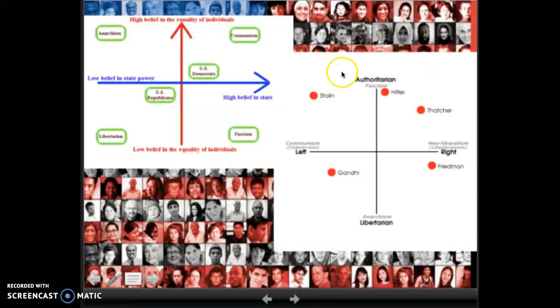Here's another chart. Okay, so we have kind of the same idea, just a little flipped. All right, so libertarian or anarchism, little government involvement. Authoritarian, fascist, lots of government involvement. Left would be collectivism or communism. Right would be neoliberalism or libertarianism, so very free.